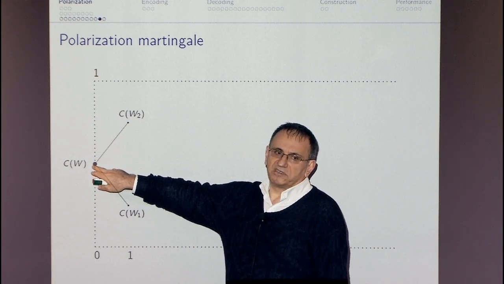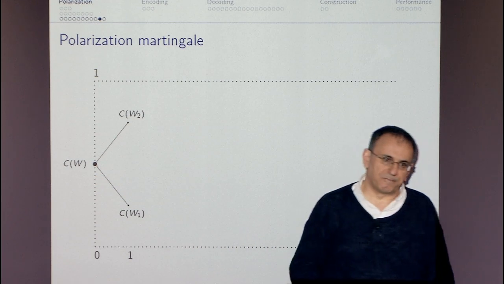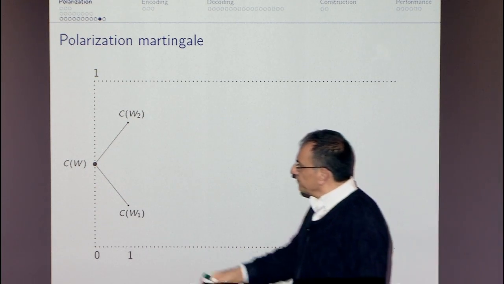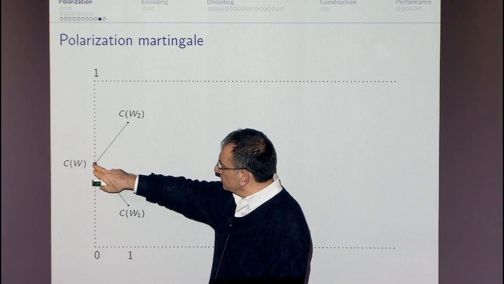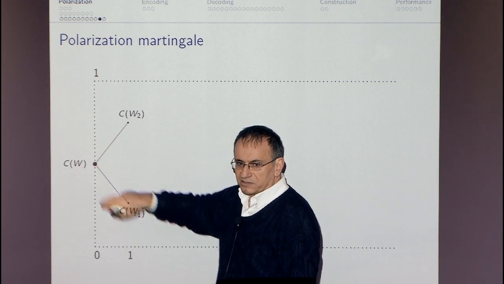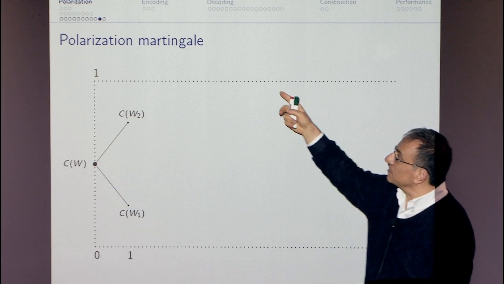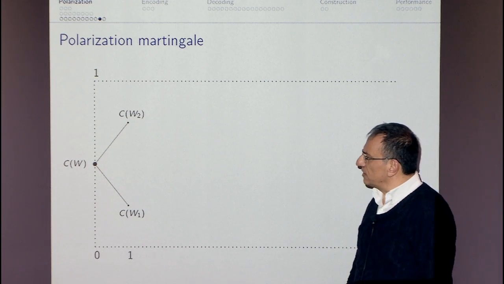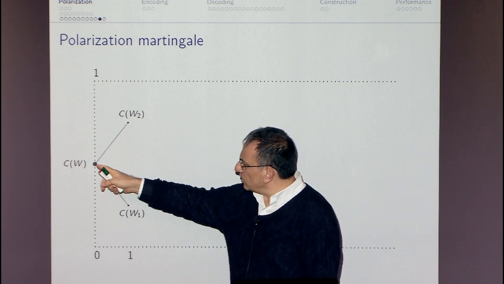So with probability 1, I begin here. All my initial channels are equal to W, so they have capacity equal to 1/2 in this example, where C(W) equals 1/2. Now what do I do?